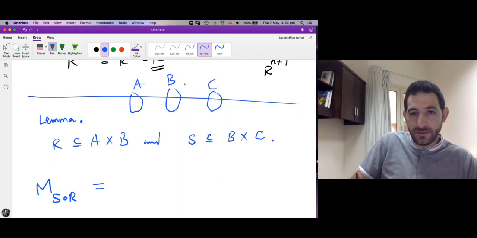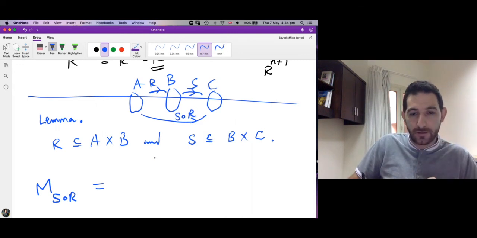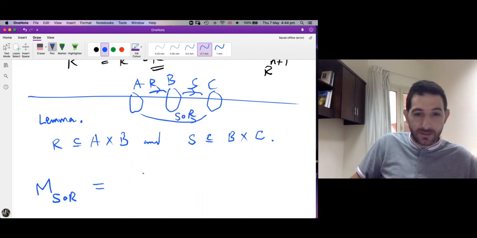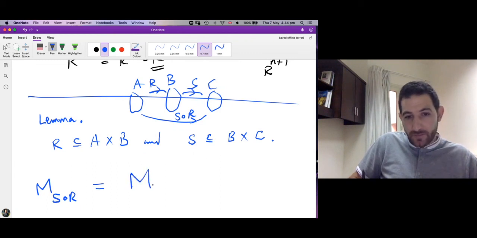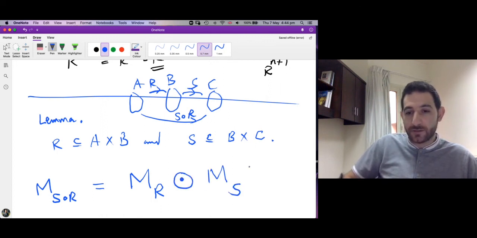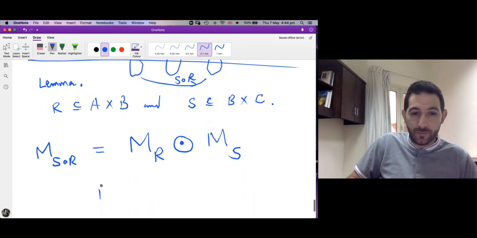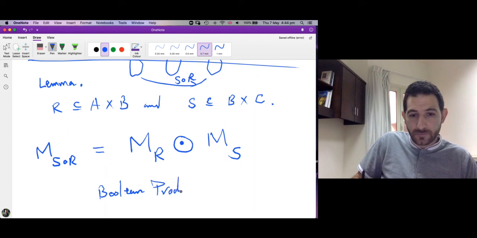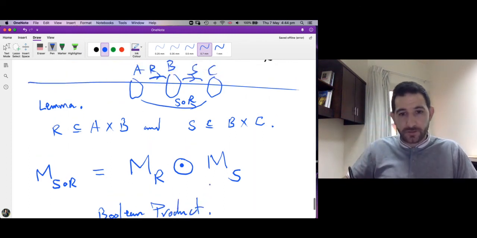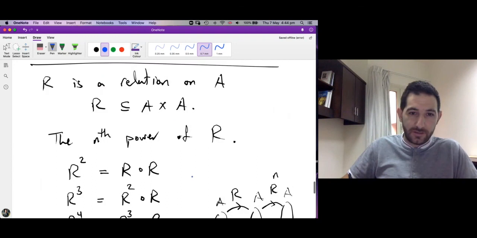A, B, C, we have a relation R here and the relation S here, and we define the composition S after R. Then this matrix can be obtained from the matrix representing R and the matrix representing S by the Boolean product.